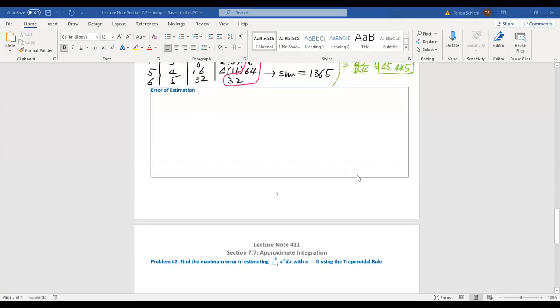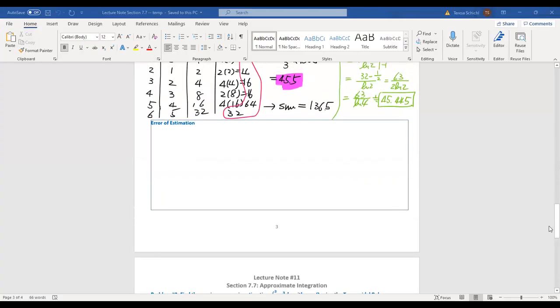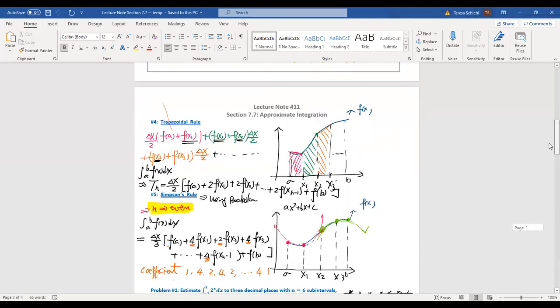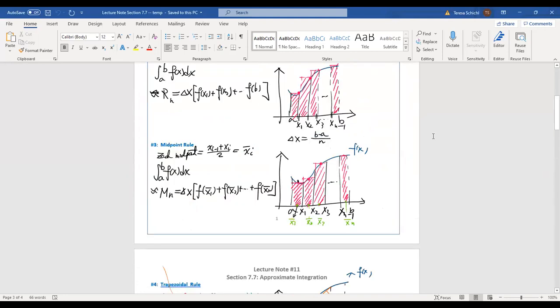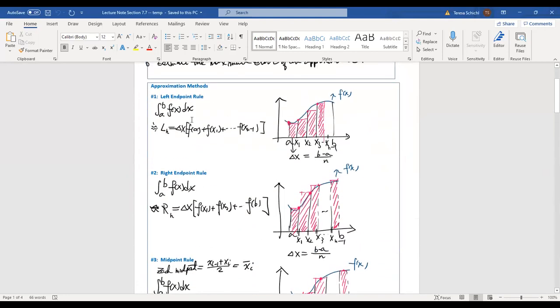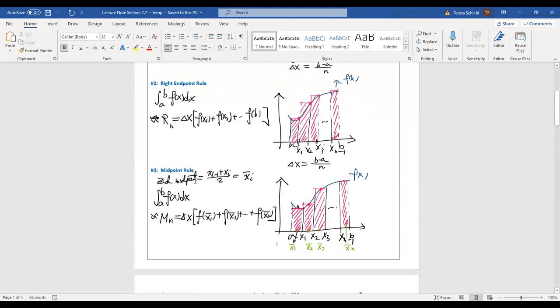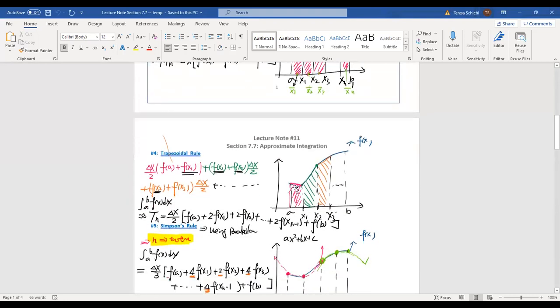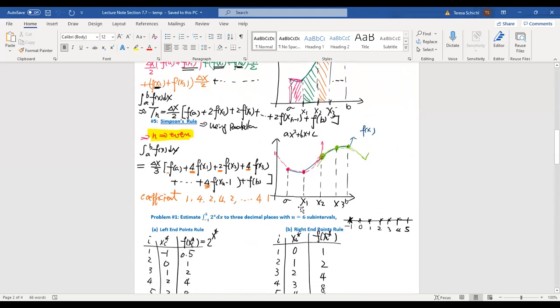If you remember, in our first video we talked about 5 different methods: the left-hand approach, right-hand approach, midpoint, trapezoid, and the Simpson rules.